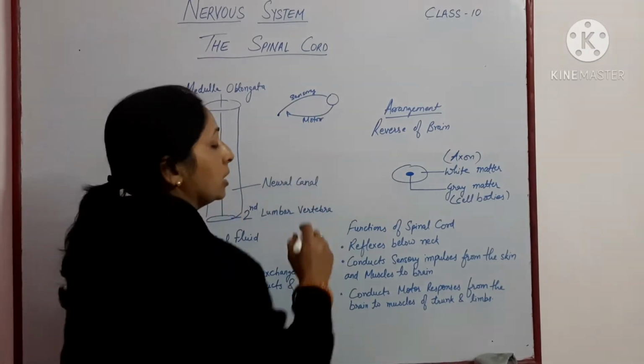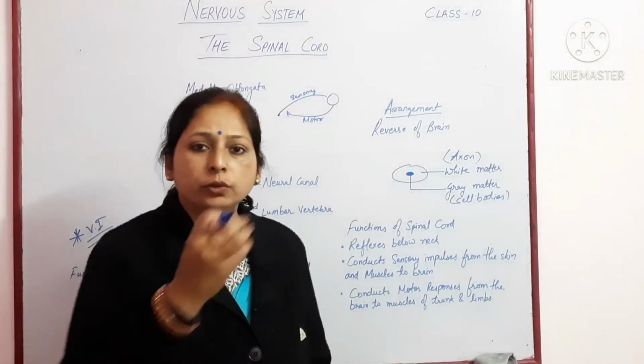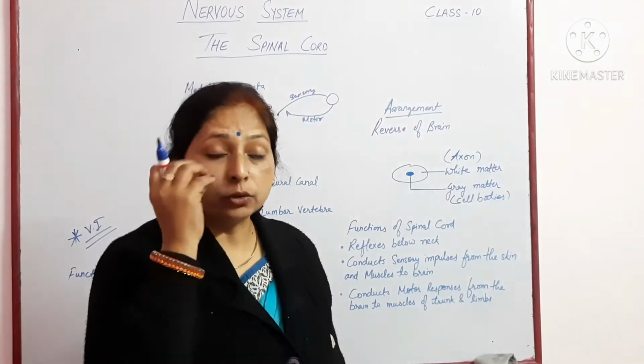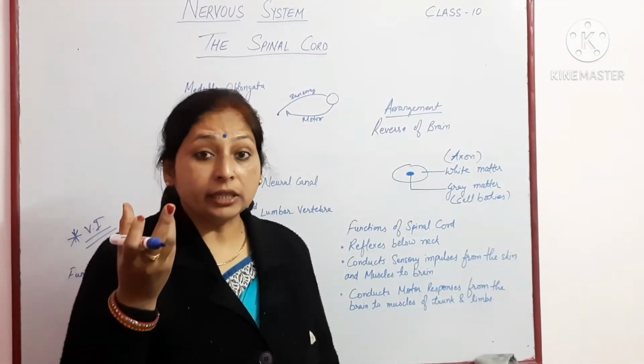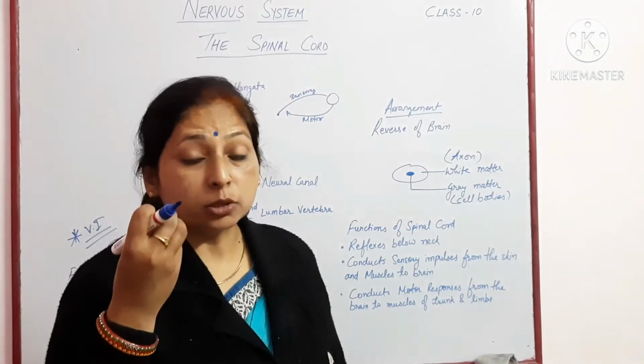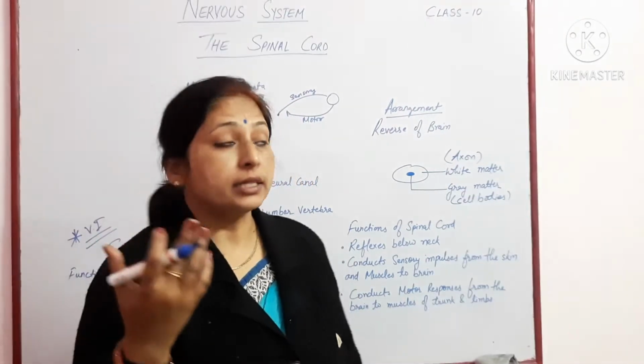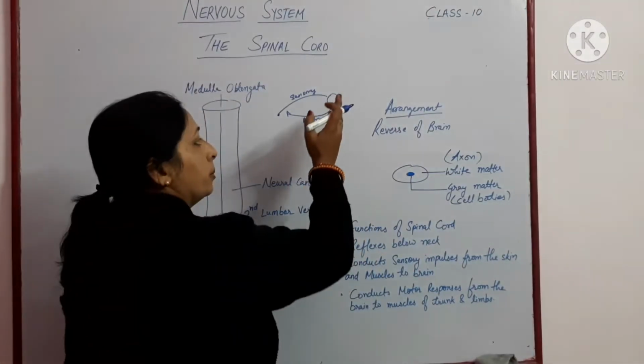What action do we have to do? We have to pull back our hand, or blink our eyes if something comes closer to the eye. All these reflexes are controlled by the spinal cord.